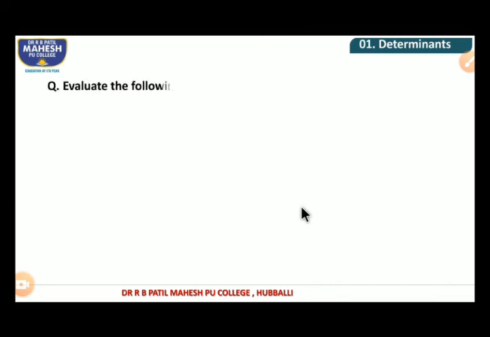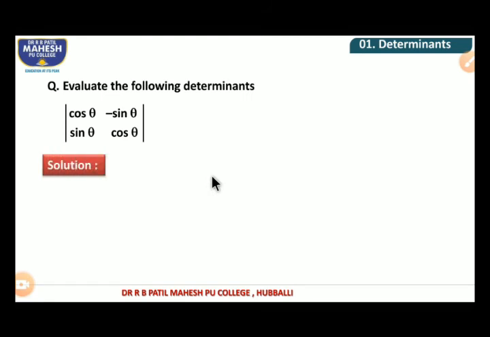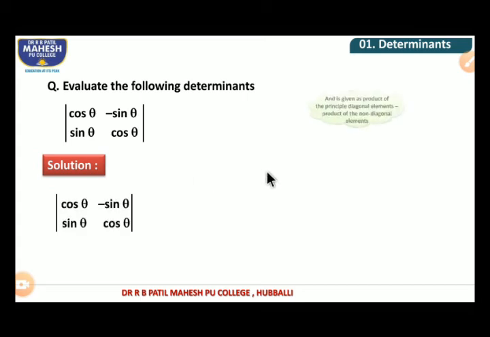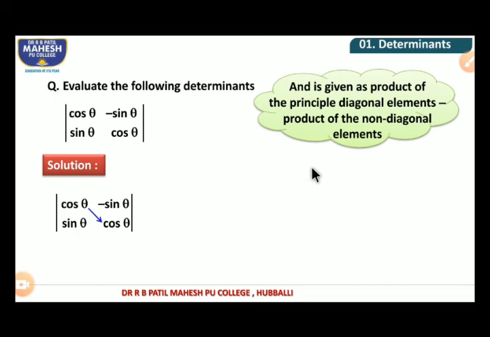Now the next question. Evaluate the following determinant: cos theta, minus sin theta, sin theta, cos theta. So we can find out the solution here. Consider the given determinant. Again follow the same rule, right? Therefore cos theta into cos theta is cos square theta.